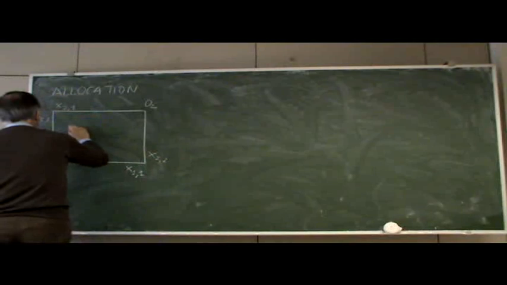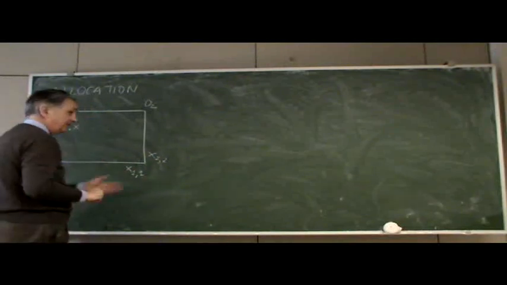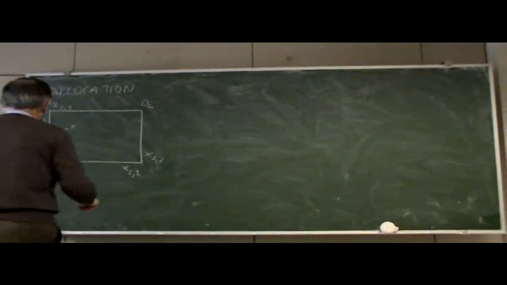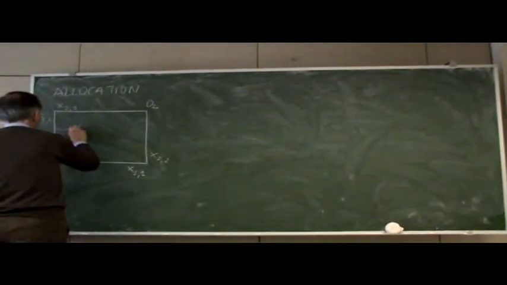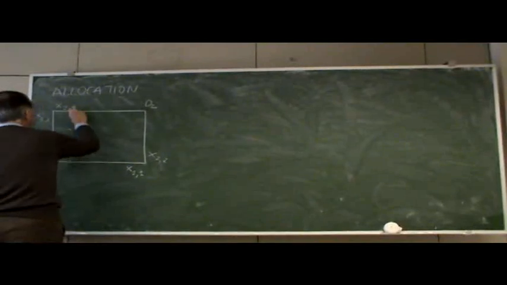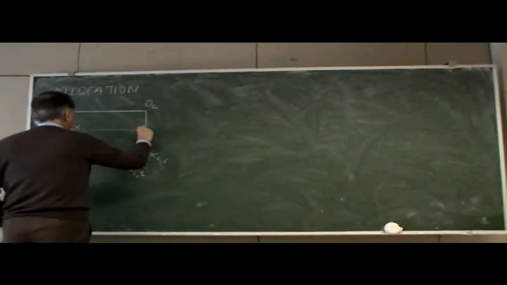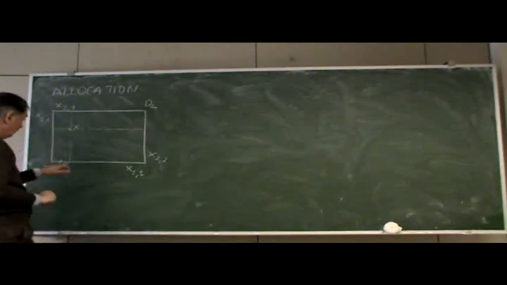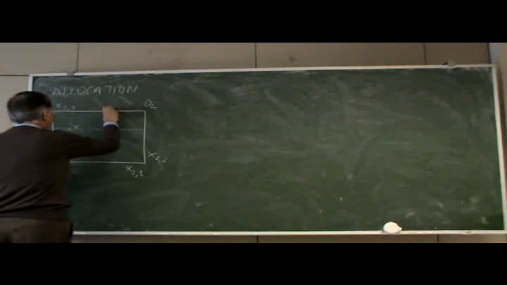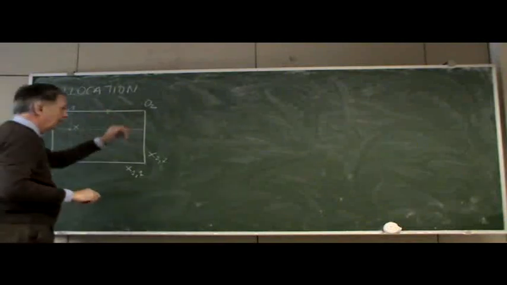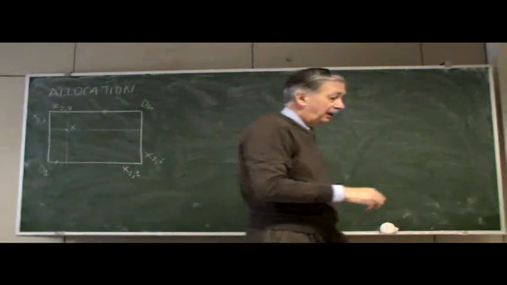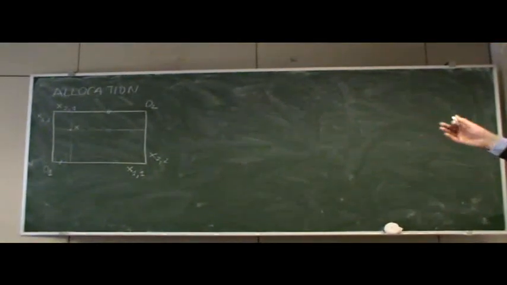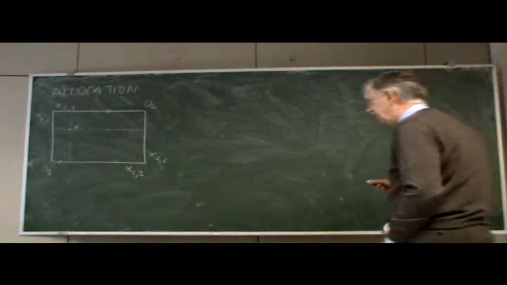Any point in the Edgeworth box, like this X, say, has obviously 4 coordinates: 2 coordinates for the first subject and 2 coordinates for the second subject. If you sum the first coordinate of the first subject and the first coordinate of the second subject, you obtain simply the length of the base of the Edgeworth box.